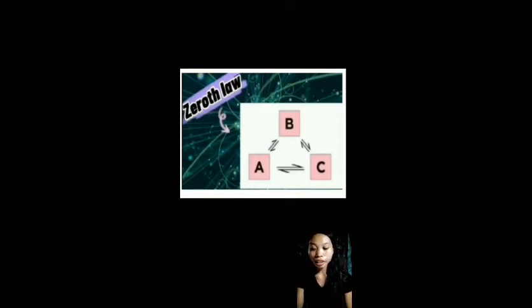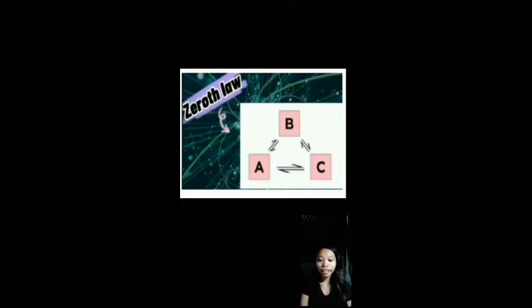So, here's an example. As you can see, there's a system A, B, and C. If system A and C have the same internal energy, and system B and C have the same internal energy, therefore they have the same relation with each other.